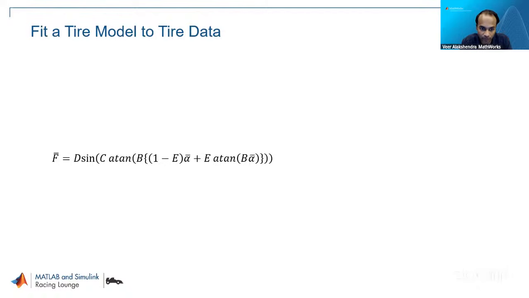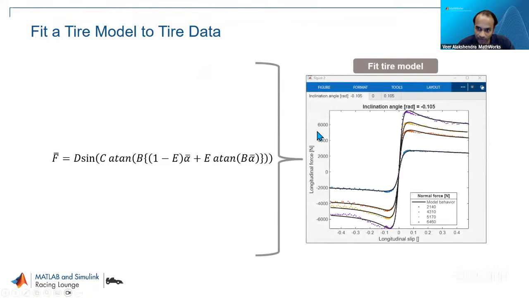We have a tire model defined by the magic formula, and we have data on the other side, and we try to do, in layman's words, a curve fitting so that we can find the coefficients. Currently, in the simplest form, these are D, C, B, E. We try to find these coefficients, and once you get them and the fit is good, it means you have modeled the tire. This is what we are doing.